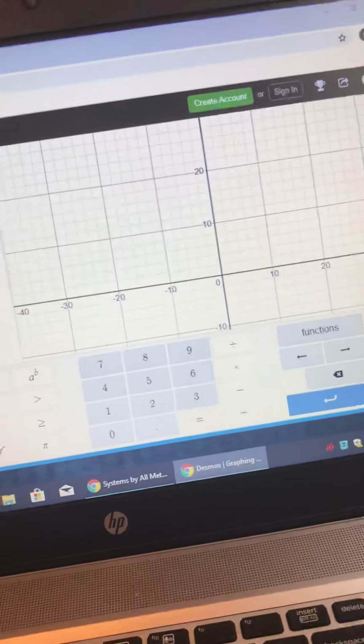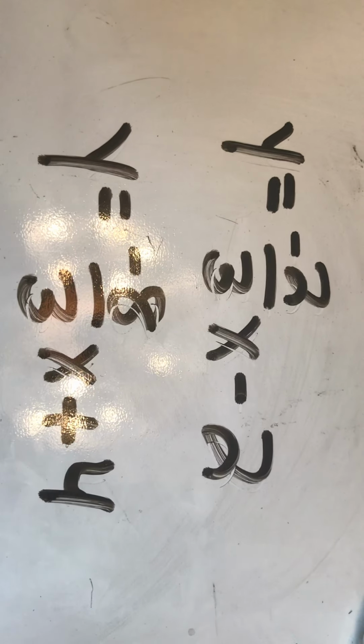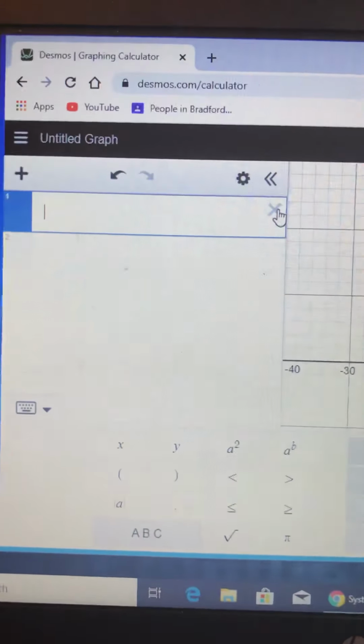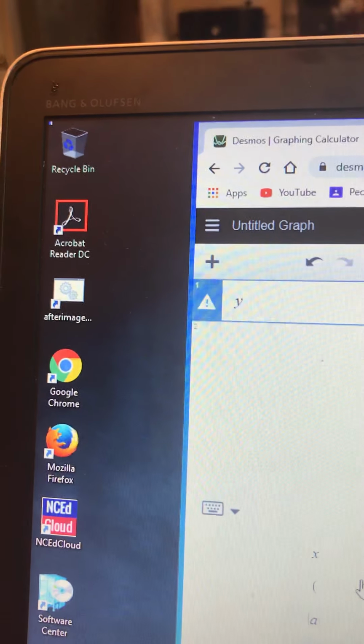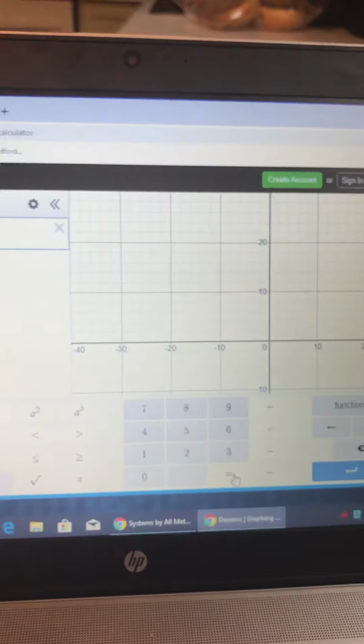We're going to enter in our next system. Go ahead and erase what we had and clear our graph. Keep the same program up. This is our next system: y equals negative 2/3 x minus 2, and y equals negative 8/3 x plus 4. So go ahead and enter in y equals 2/3.